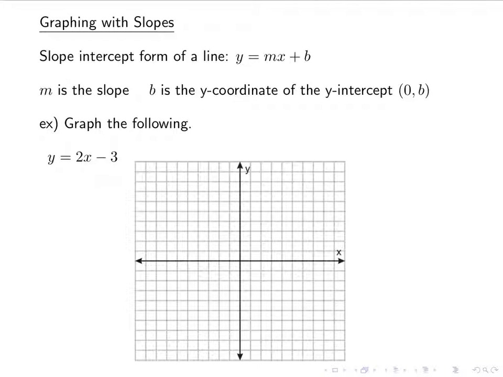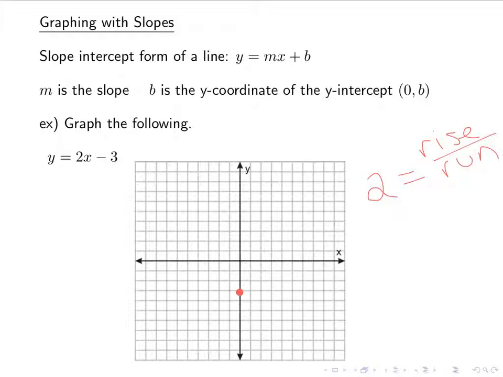So our first example is going to be y equals 2x minus 3, and we're going to start with the y-intercept. So in our case, the y-intercept is negative 3, and I'm going to plot that point, 0, negative 3. And then I'm going to look at the fact that my slope is 2, and 2, my slope, remember, is rise over run.